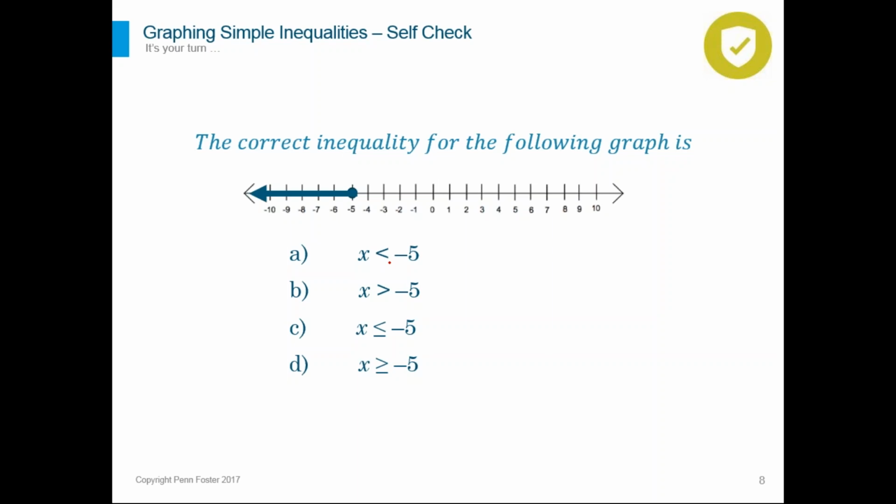So here's the question. The correct inequality for the following graph is... So this time you are given a graph, but you have to relate the right inequality with that graph. Which inequality represents this graph? So I'm going to be quiet for 1 minute, give you the chance to evaluate the question, and then I'm going to change my screen to that other screen so you're able to input your answers.